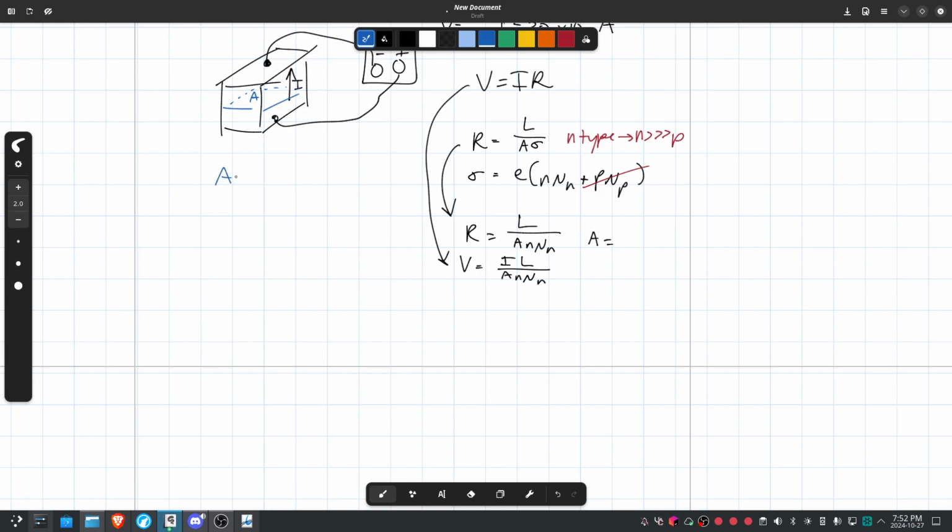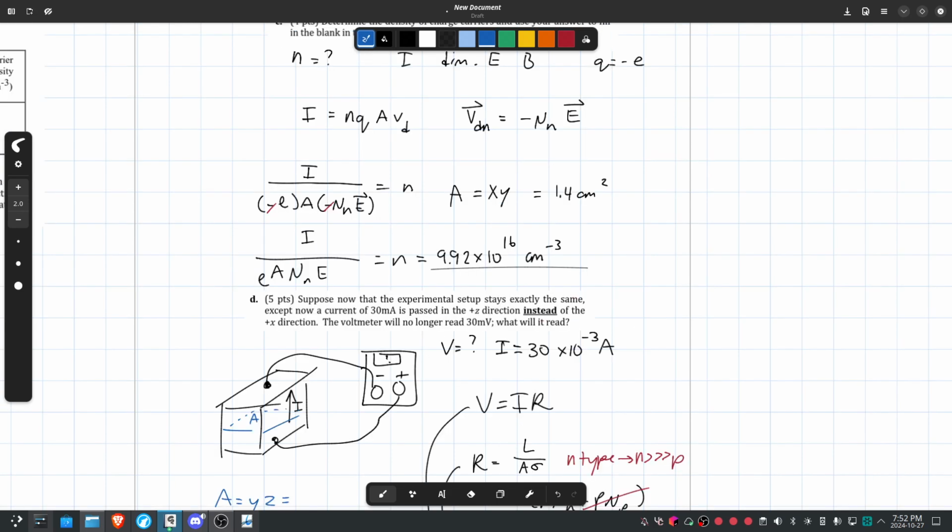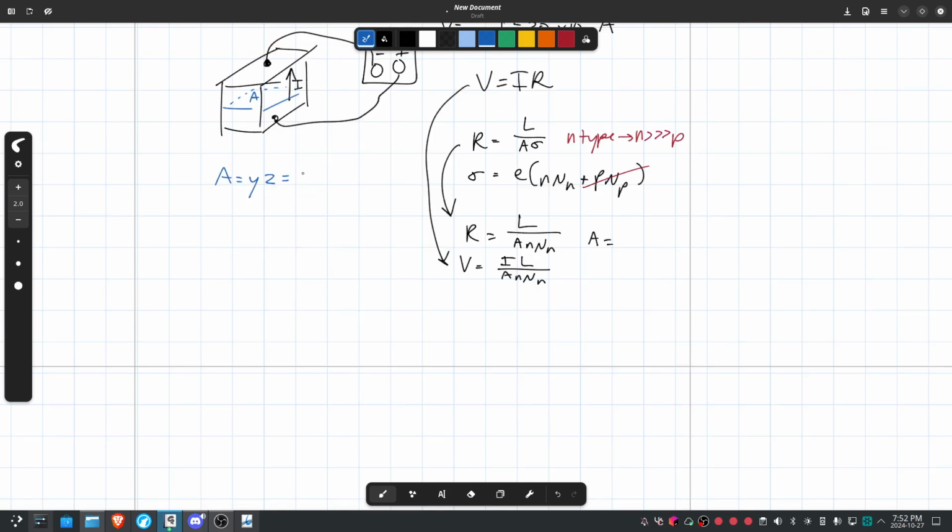So area is going to be y times z, which is the same as last time. That is 1.4 centimeters squared. And our length is going to be our z. It's going to be our length, which is just going to be x, if I'm not wrong.